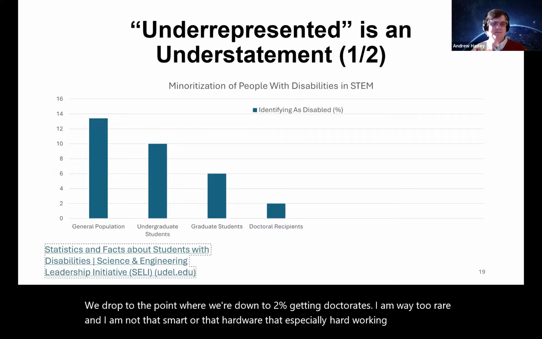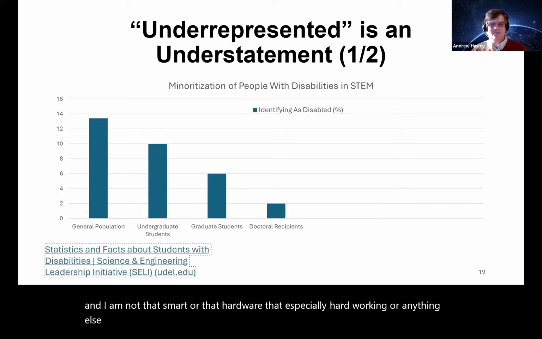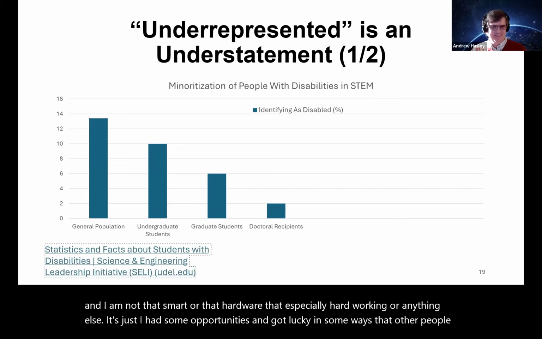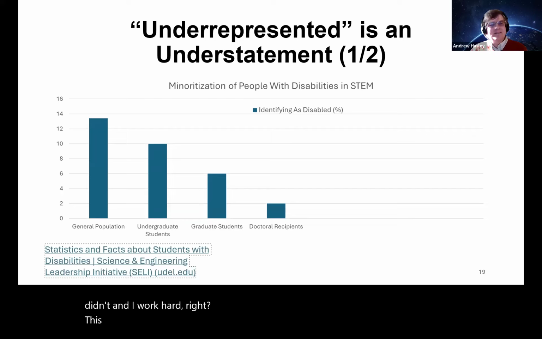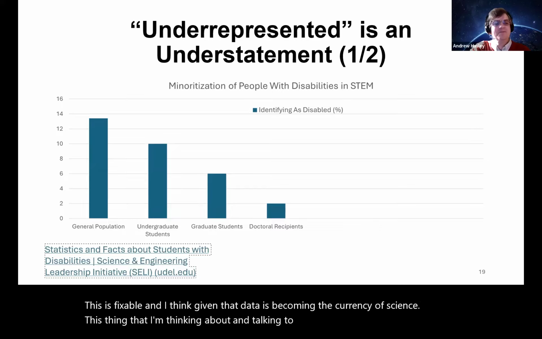It's just I had some opportunities and got lucky in some ways that other people didn't, and I work hard, right? This is fixable, and I think given that data is becoming the currency of science, this thing that I'm thinking about and talking to you about has some tread on it to try and make things better.